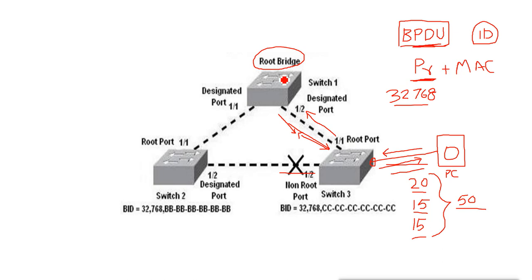But if it is equal, like if all the switches have the default bridge priority of 32,768, then you have a tie here. So when you have a tie with the bridge priority, then it will go for the MAC address.